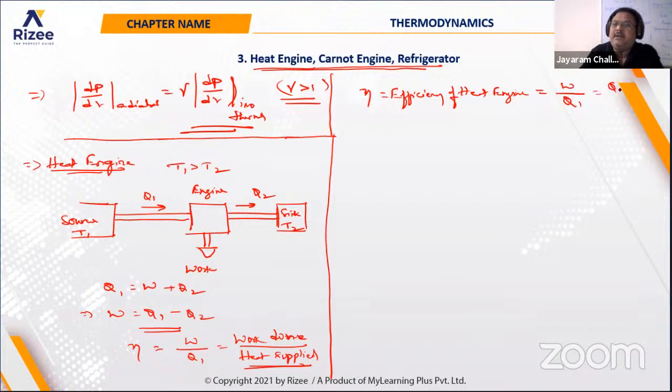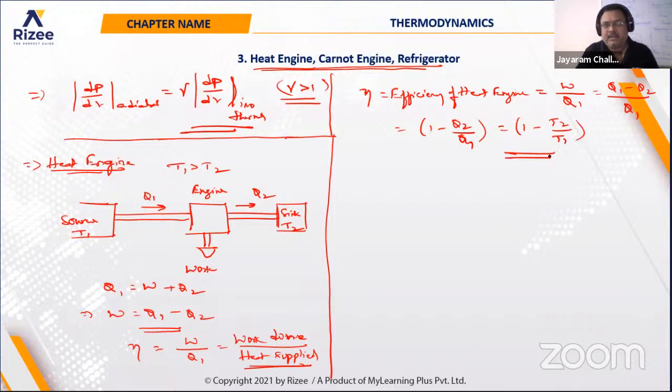Work done can be written as Q1 minus Q2, divided by Q1. Or this can also be written as 1 minus Q2 by Q1, which is equal to 1 minus T2 by T1. So these are our basic relations regarding the heat engine.